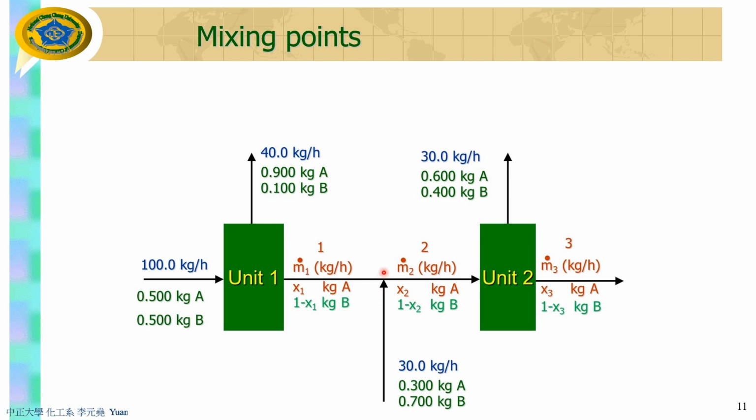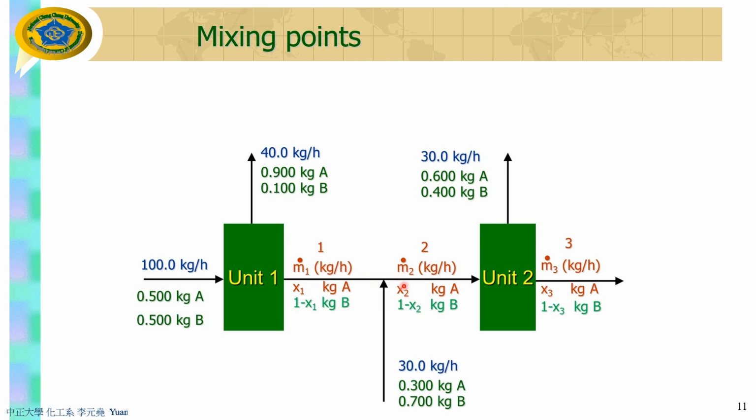How about if you go to the mixing point after the overall? How many input streams? This point, you use a small box. 2 input streams, right? This input and this input. How many output streams? This one. How many unknowns outside of this box? 4 unknowns.